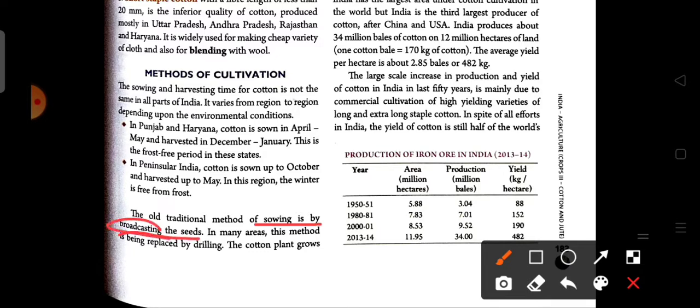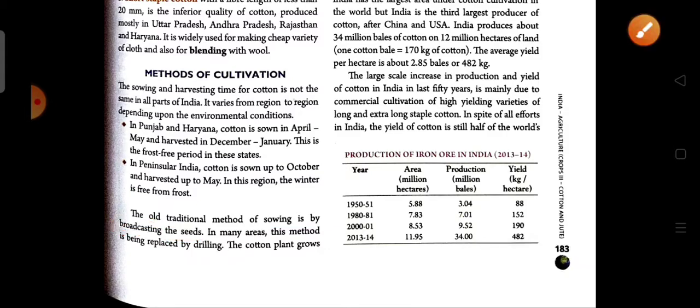As we know, the broadcasting method is the method in which the seeds are scattered by human hand in the field. But in many areas, this method is being replaced by the drilling method. In the drilling method, the seeds are dropped in the furrow by the plough pipes.